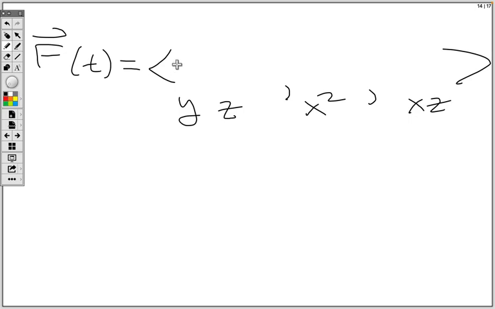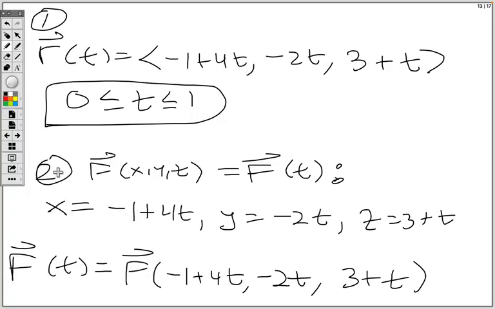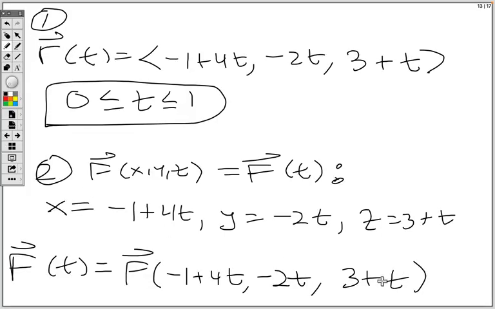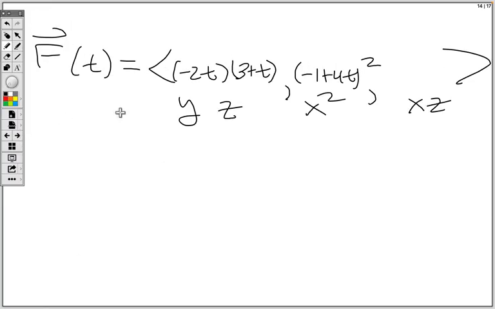So this first quantity here, negative 2t times 3 plus t, comma x squared, negative 1 plus 4t squared, and then xz, minus 1 plus 4t times 3 plus t. Okay? And that would be our F of t.